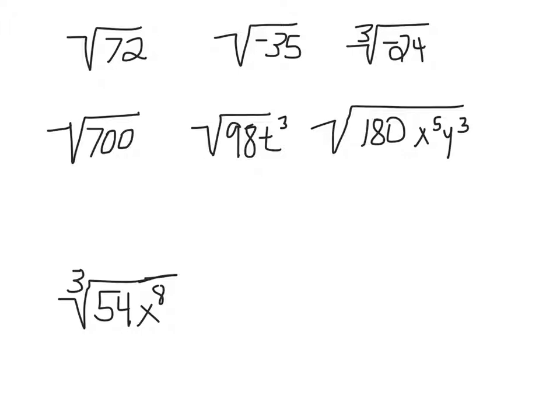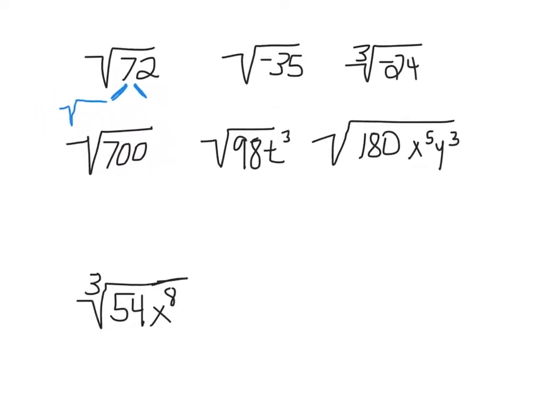So let's look at the square root of 72, okay? If 72 is a perfect square, then I just find that square root, okay? In this case, it's not. So what I'm going to do is break 72 up into two different radical expressions.